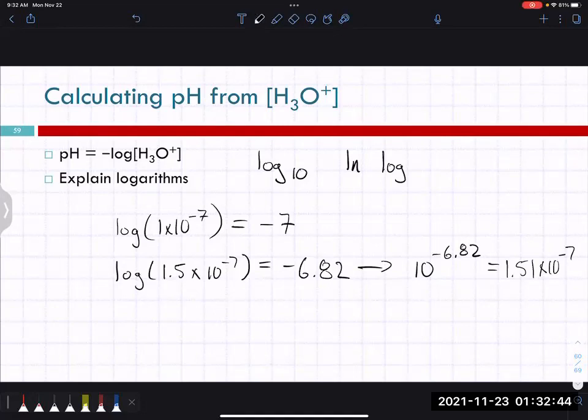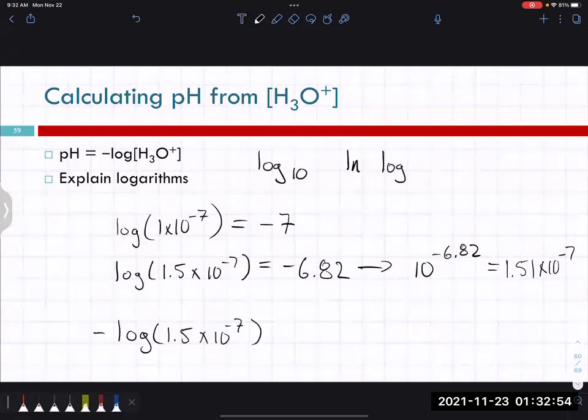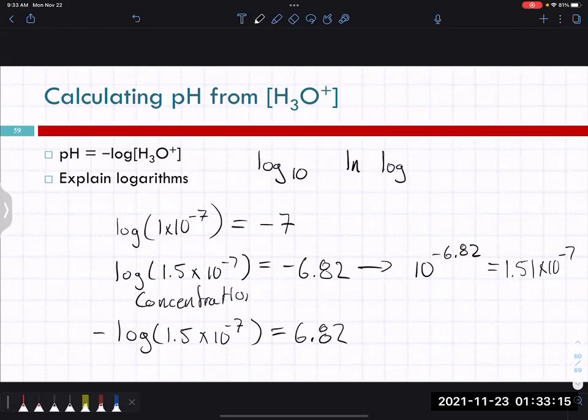So we use the negative log because we want positive numbers, so that when we do this math, instead of negative 6.82, we get positive 6.82. So the thing to remember with pH and with logarithms really is that to go from a concentration to pH, you do negative log of the concentration.